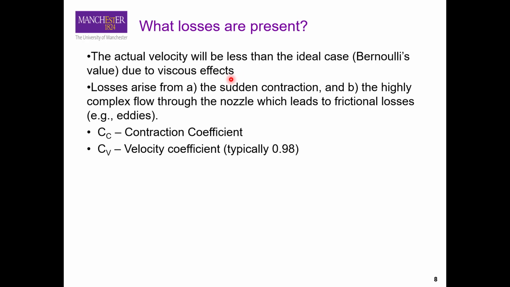So what kind of effects can these be? There is, for example, the velocity coefficient that accounts for the effect of viscosity on your fluid. And then you can also have other coefficients to correct for non-ideality in your system, for example, if you have a sudden contraction.